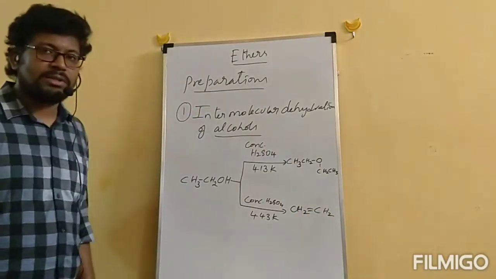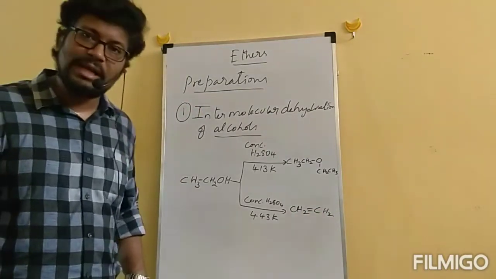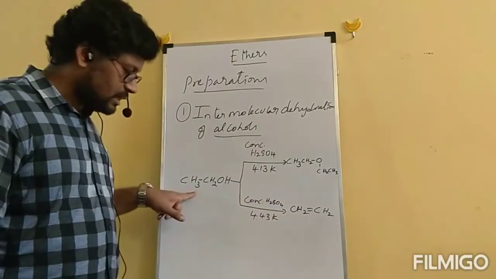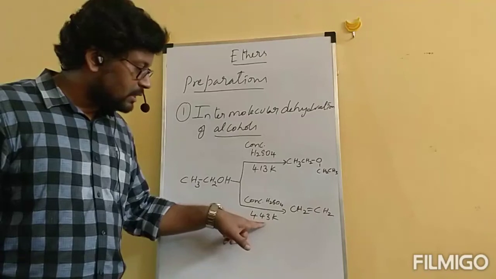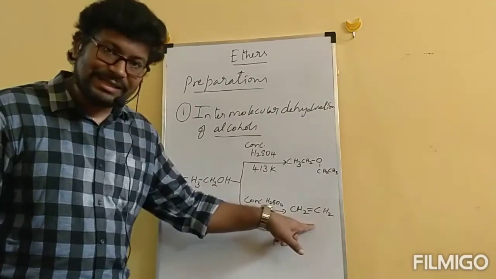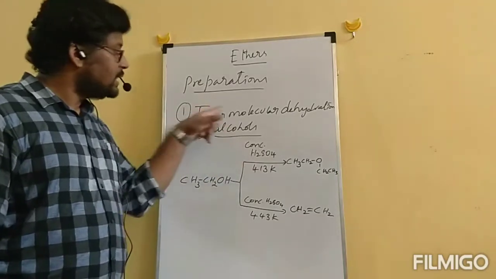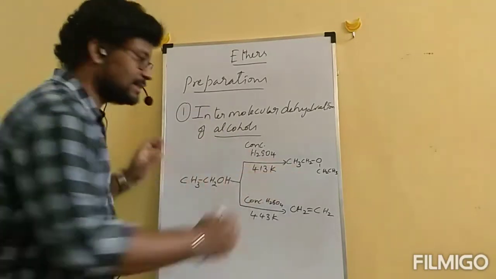If alcohol undergoes intramolecular dehydration, we will get alkene. If alcohol undergoes intermolecular dehydration, we will get ethers.